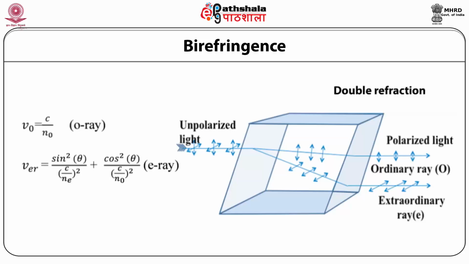Such crystals are known as uniaxial crystals, where V0 is equal to c/n0 for the O ray, and V is equal to 1 divided by the square root of sin squared theta over (c/ne) squared plus cos squared theta over (c/n0) squared for the E ray, where ne and n0 are constants of the crystal and theta is the angle with the optic axis. c/ne and c/n0 are the velocities of the E ray when it propagates parallel and perpendicular to the optic axis respectively.